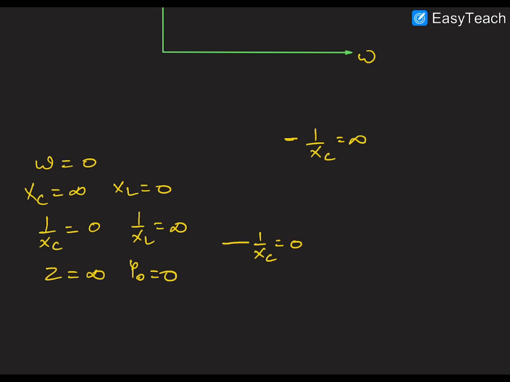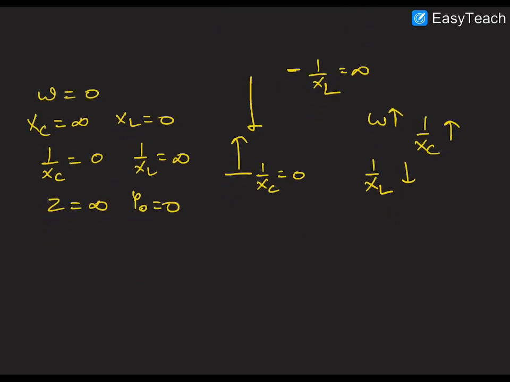Now when omega is increased, 1 upon XC will increase, and 1 upon XL will decrease. So the difference between these two will decrease, and these two terms will come closer to each other. Therefore, Z will decrease, and if Z decreases, I naught will increase.